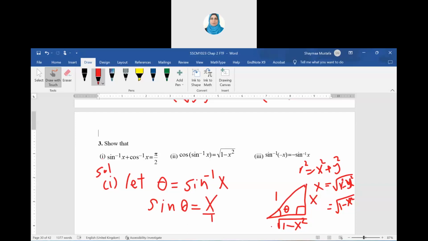In any triangle with a right angle, the hypotenuse squared is equal to the opposite squared plus the adjacent squared. So the adjacent is the root of the hypotenuse squared minus the opposite squared. The hypotenuse squared is 1, the opposite squared is x squared.